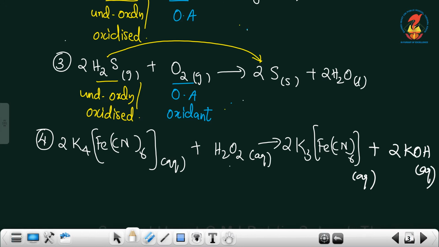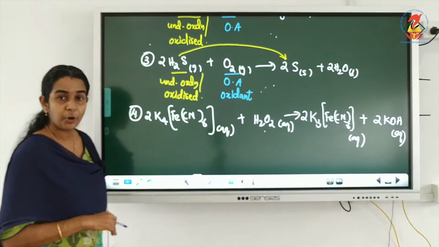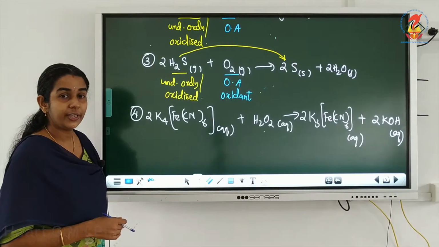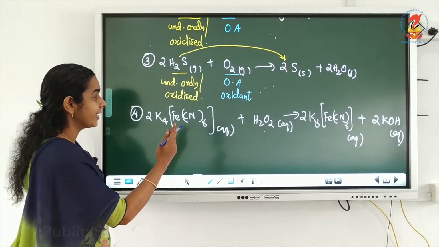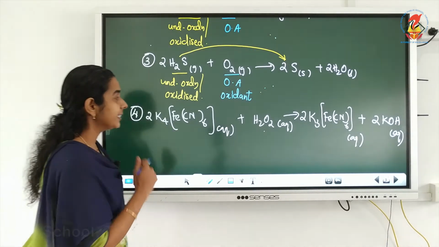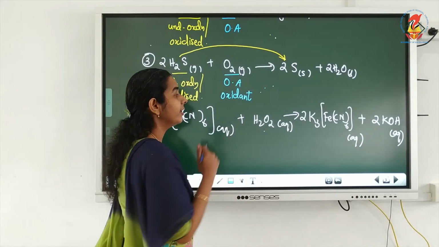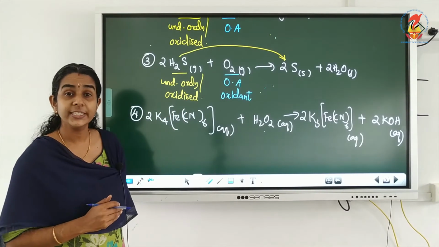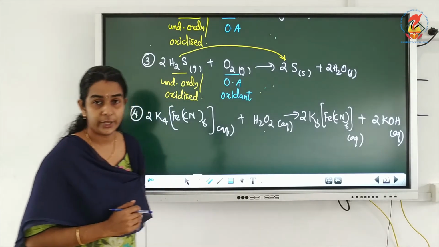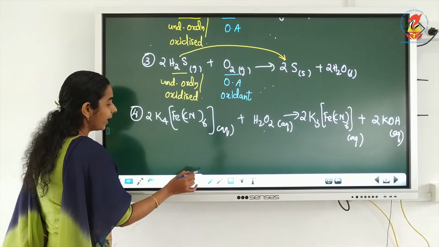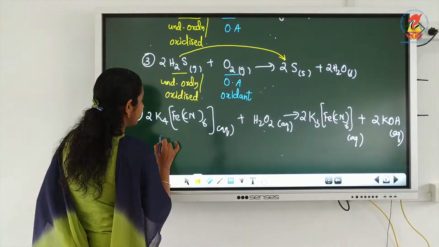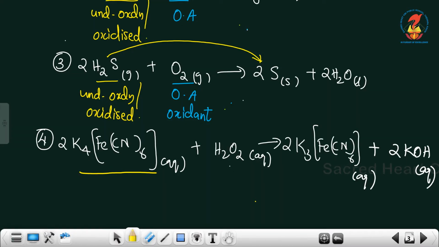See the last example. How can we define oxidation here? See the equation properly. On the reactant side we have K4[Fe(CN)6] aqueous plus H2O2 giving K3[Fe(CN)6] and KOH. See what happens to K4[Fe(CN)6], which is on the reactant side. Yes, it becomes K3[Fe(CN)6].